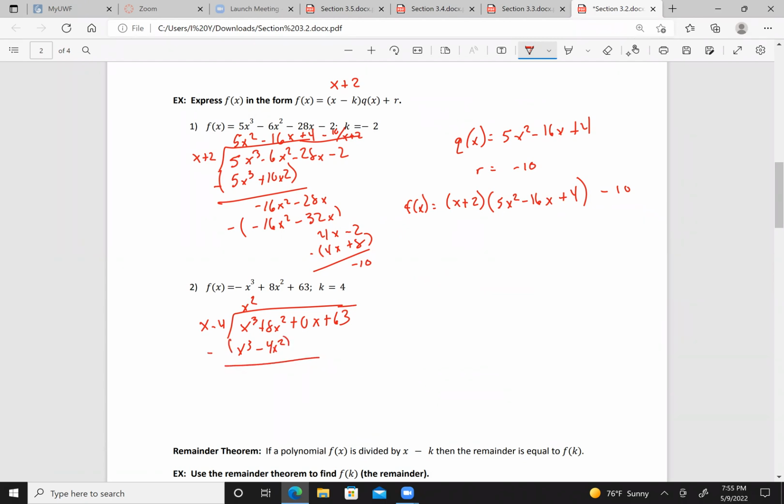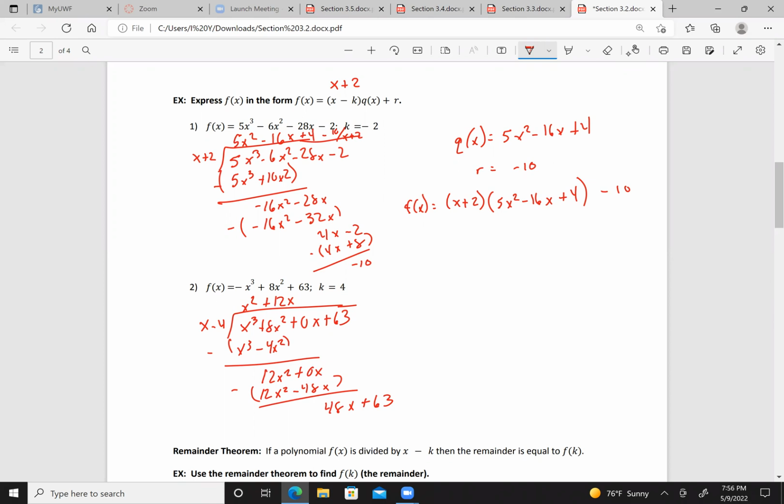Subtracting it all, I get 12x squared, bring down my 0x. So here is plus 12x. I get 12x squared minus 48x. Subtracting again, I get 48x plus 63.